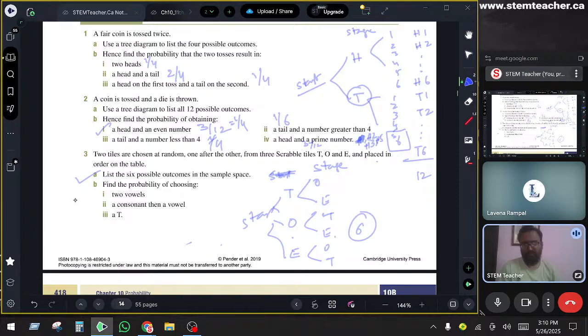Find the probability of having two vowels. What are the vowels in English? A, E, I, O, U. So out of 6, which ones have vowels? How many do not have the vowels?